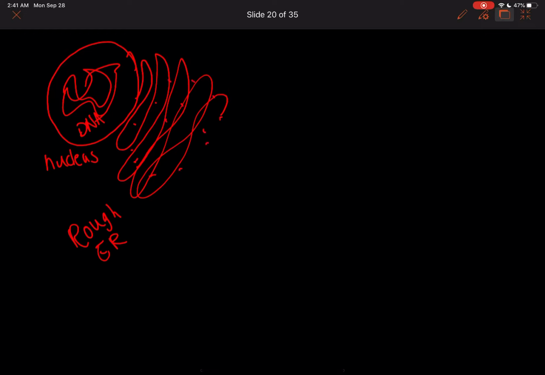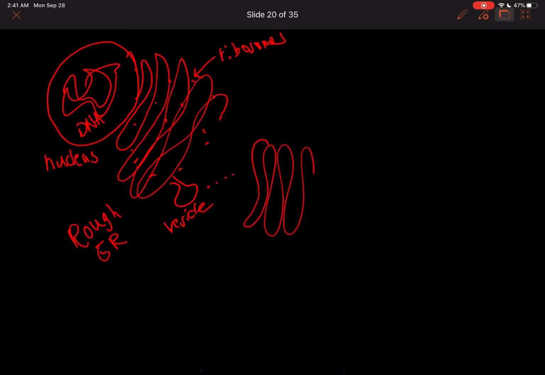Those dots are ribosomes. And then little vesicles bud off from the rough ER and move on to the Golgi apparatus.